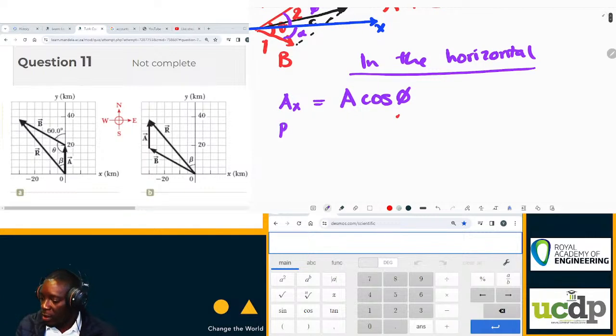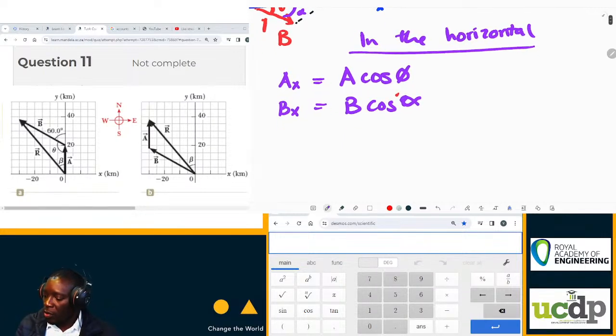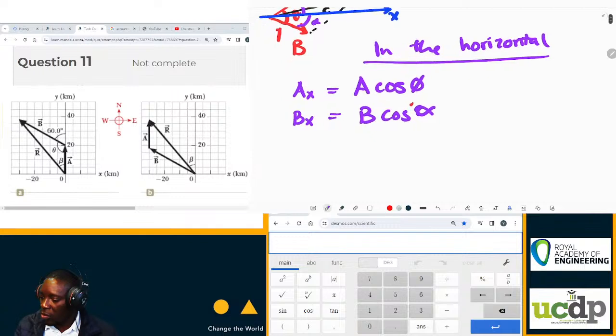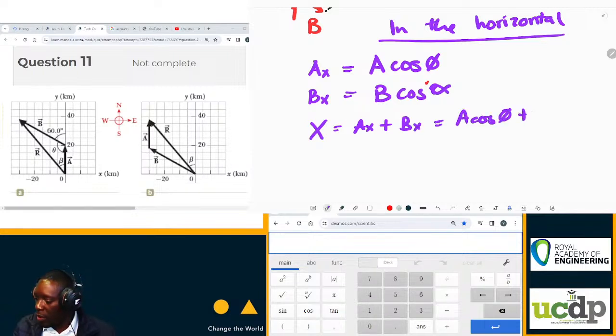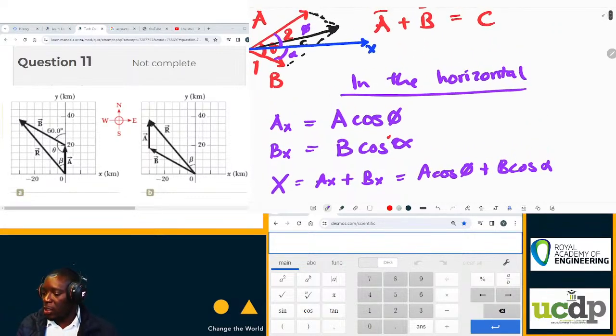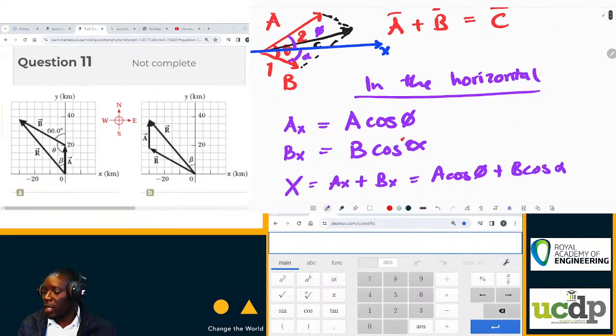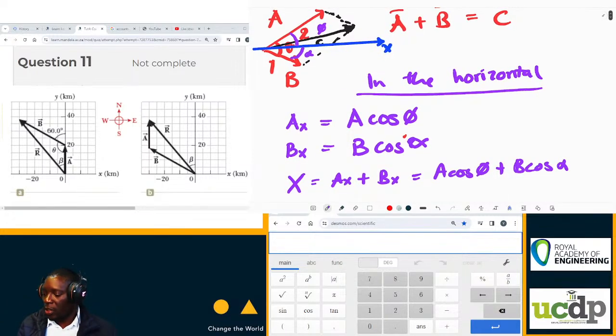Then we have bx, which is equal to vector B cos alpha. So for the total components in the x, we've got ax plus bx, which is A cos phi plus B cos alpha. These are the angles each vector is making with the x direction.